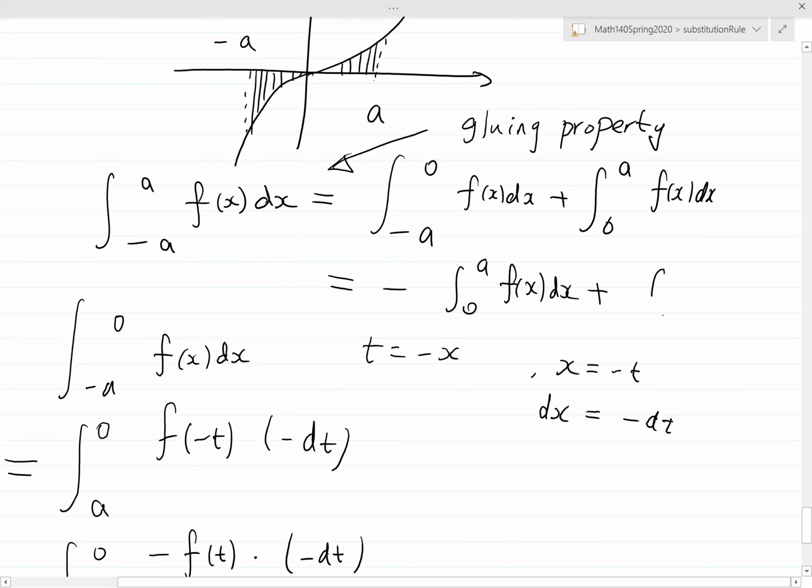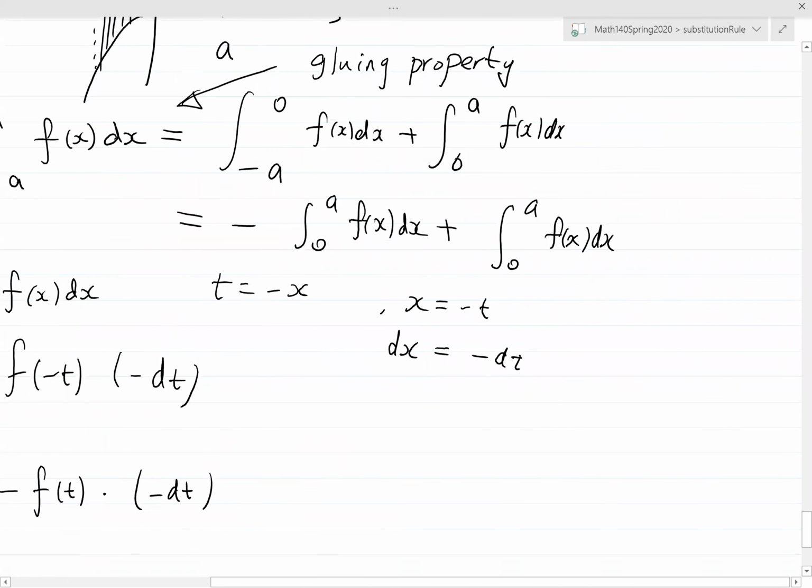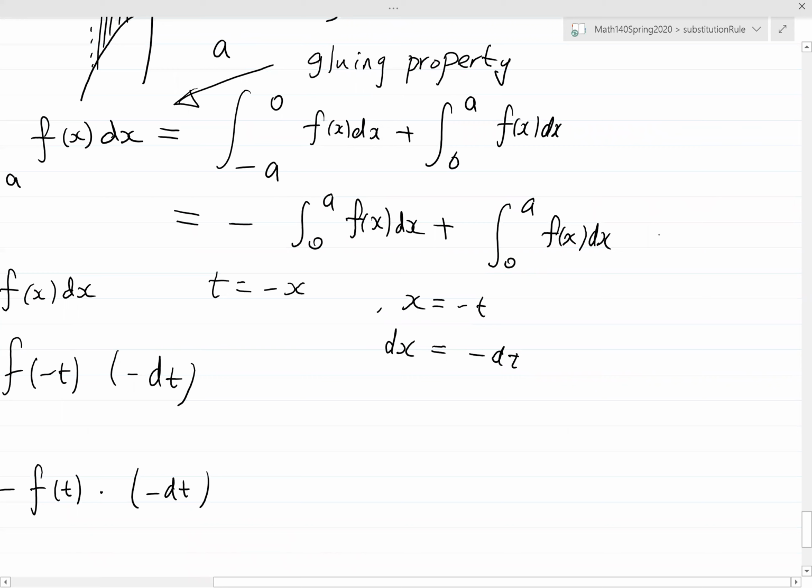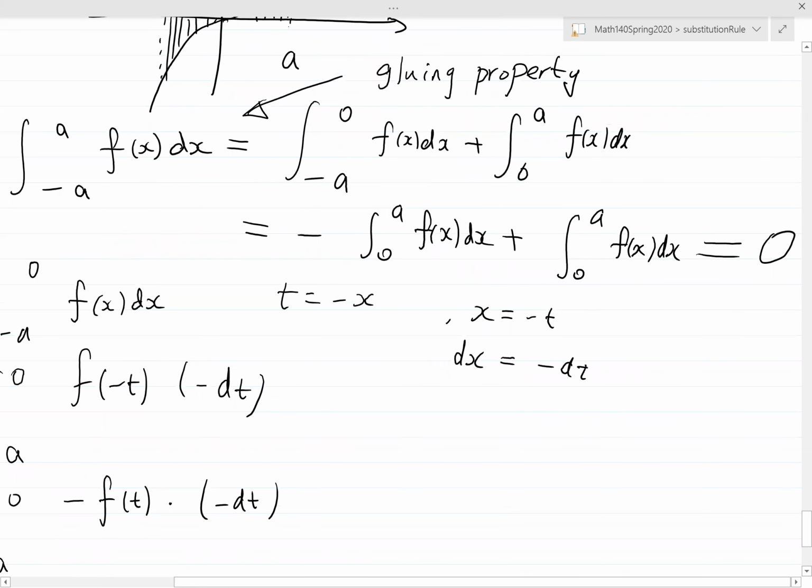This thing plus the negative of that thing cancel out each other. So we get 0. By symmetry, this is easier. If we know a function is odd, then we can immediately write down the answer without evaluating this.